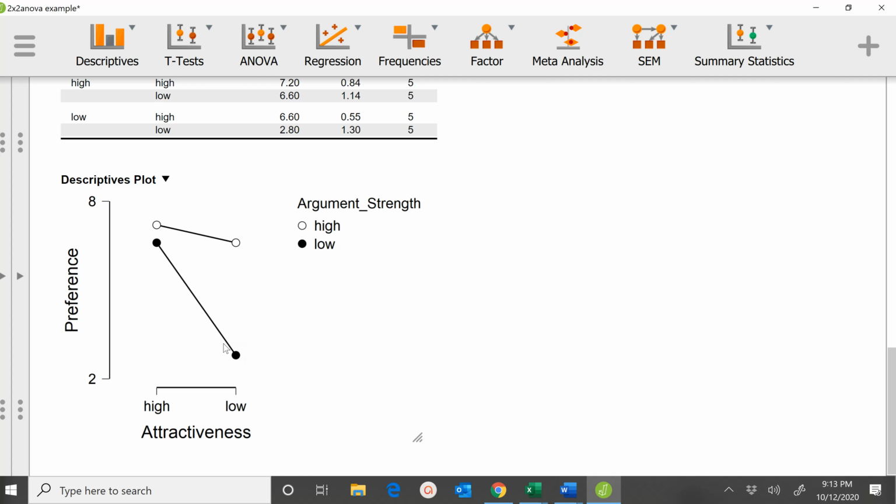Specifically, the low condition, the mean is considerably lower than the other conditions. So we're going to request a statistical test of these main effects, basically of these lines.